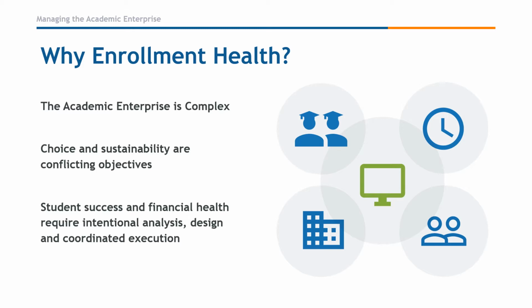The challenge, though, is that the choices we offer to students can sometimes conflict with our objective or need as an institution to be financially sustainable. We want to make sure that we're using data in a way where we can inform the trade-off between choice and sustainability to maximize student outcomes and financial health.